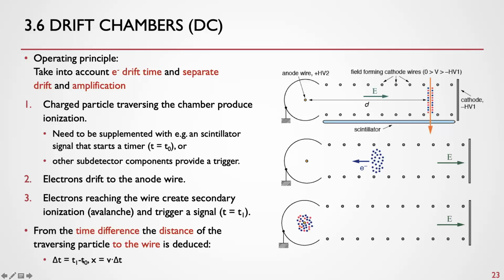The drift time is simply the difference of T0 and T1, T0 being the trigger time or the timing provided by a scintillation detector, and T1 is the time we record the avalanche electrical signal close to the anode wire. So that's the main operation characteristics.